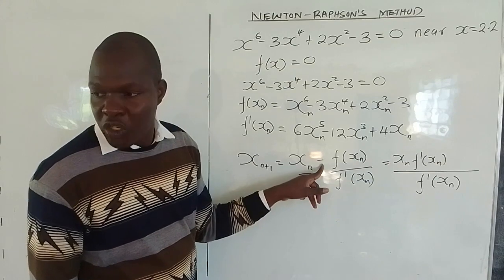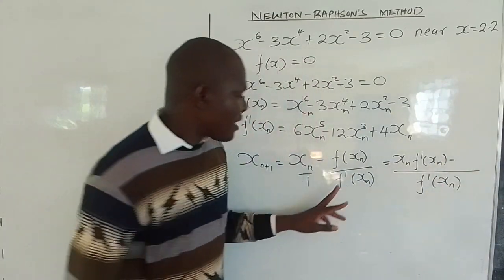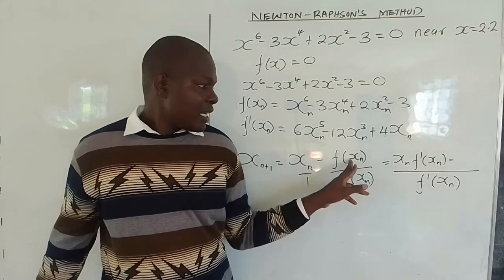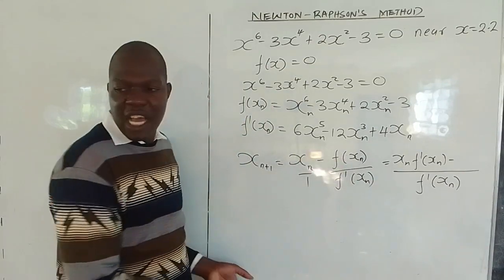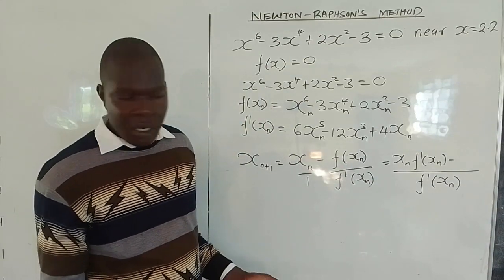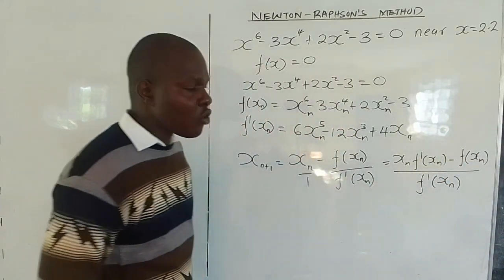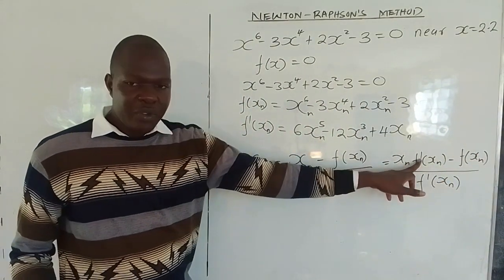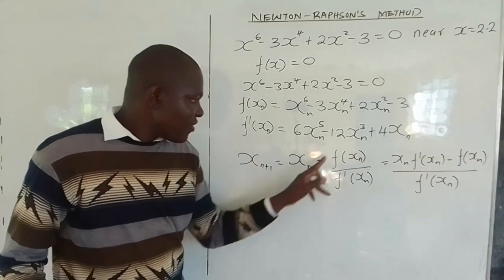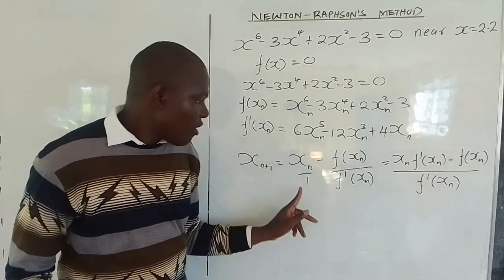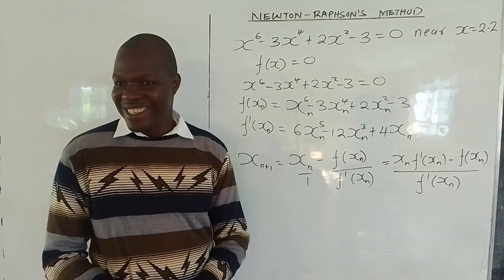Then we have subtraction in between. Then minus f of xn, cross multiplication, this times this gives you that, then over this times this gives you that, isn't it?